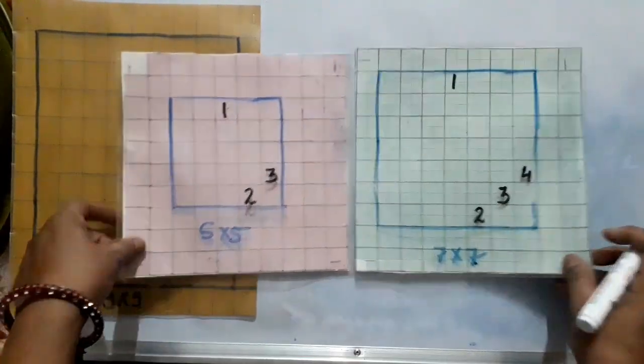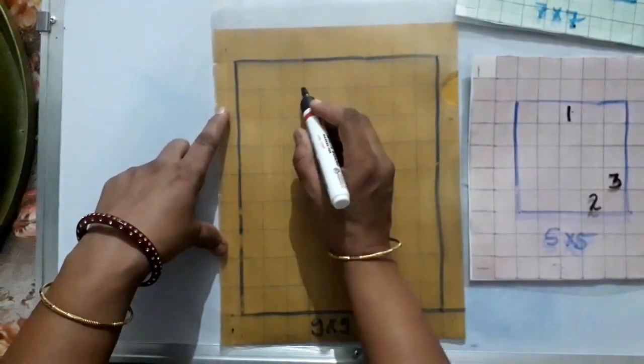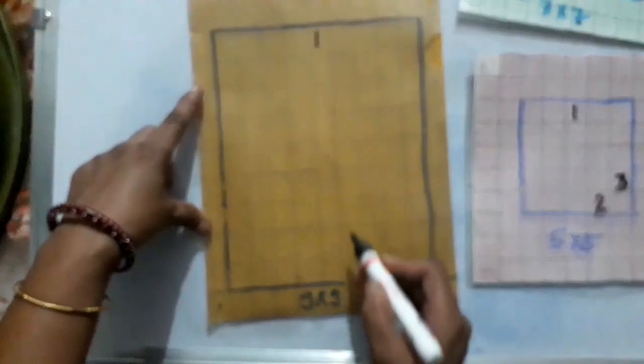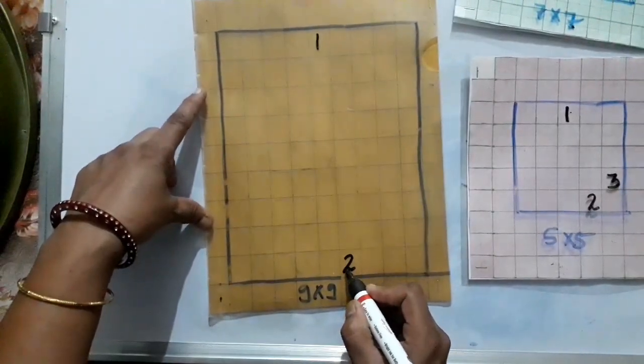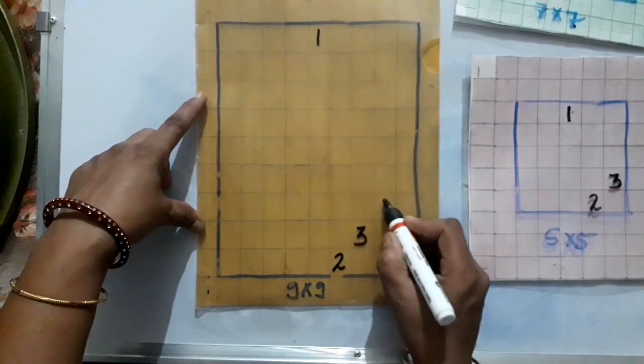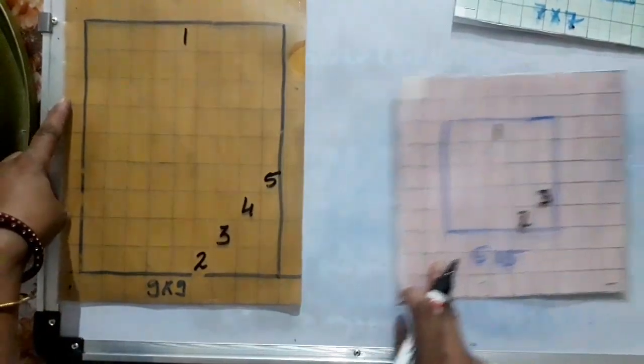Okay, here suppose this is your 9 by 9 magic square. Then the center one is here, 1. Move 1 square to the right and come to the bottom line, write 2. Move diagonally and write the other numbers 3, 4 and 5. Now what is the next step?